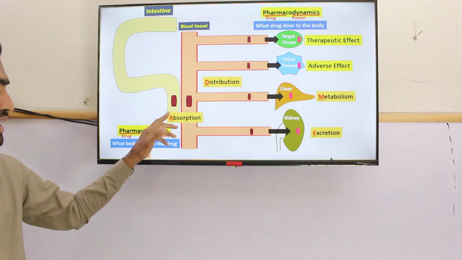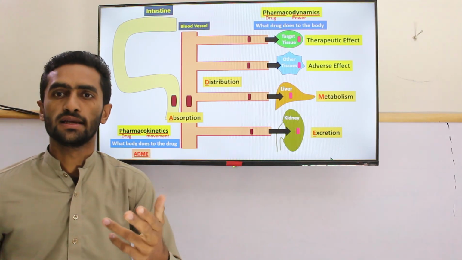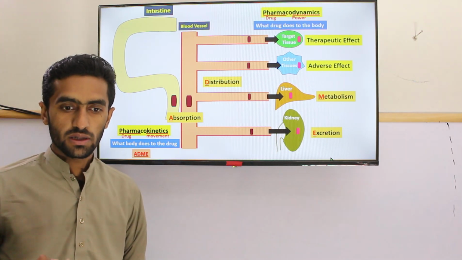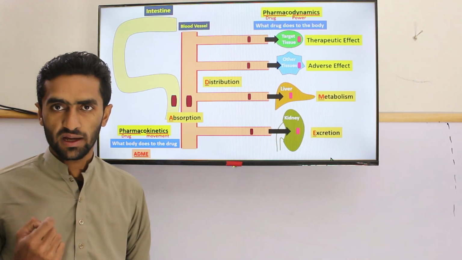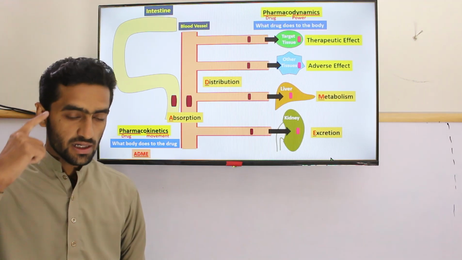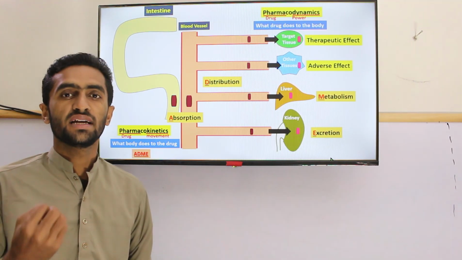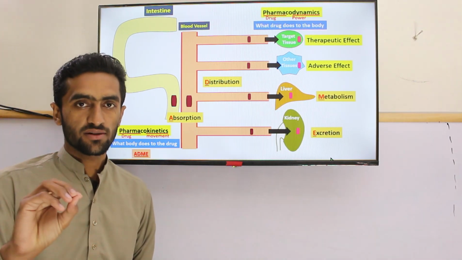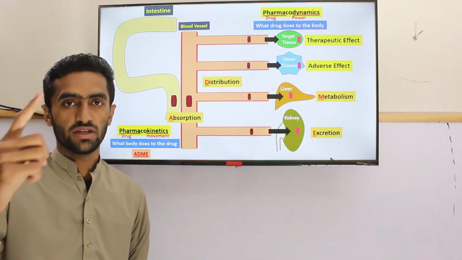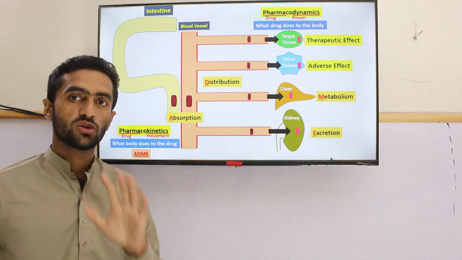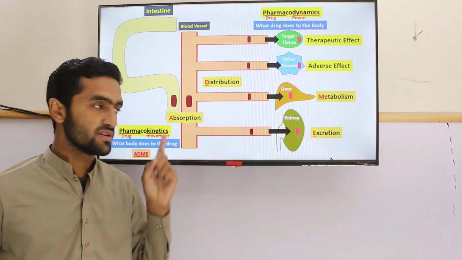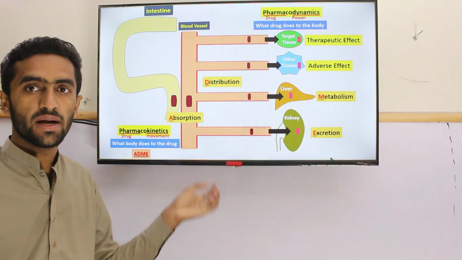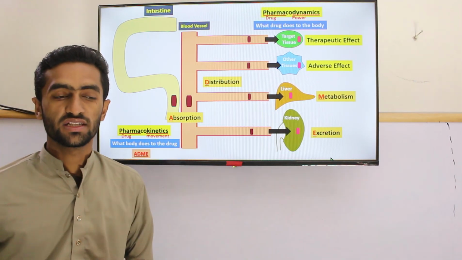Okay, so for absorption, just recall your anatomy at the GIT level. The important thing is your blood supply. If you recall the blood supply for the GIT, the blood goes first into the portal circulation, then it goes into the systemic circulation. So in absorption, our concern is we have to take the drug from the intestine and put this drug into your systemic circulation.